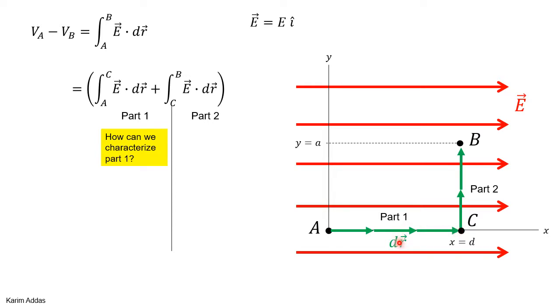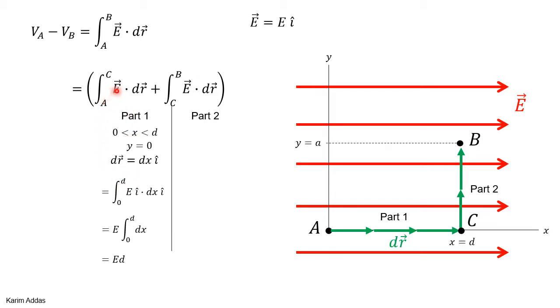And the element of length dr, since it's on the x-axis, is just dx in the i direction. The element of length dr in this particular part is just dx i, and y is equal to 0. The value of y at all these points is 0, and x goes between 0 and d. That's how to characterize what's happening on that part.